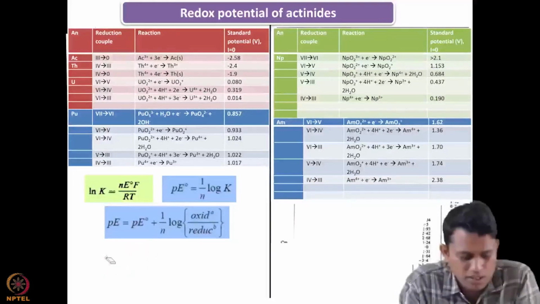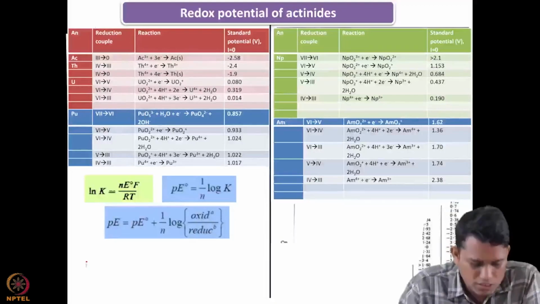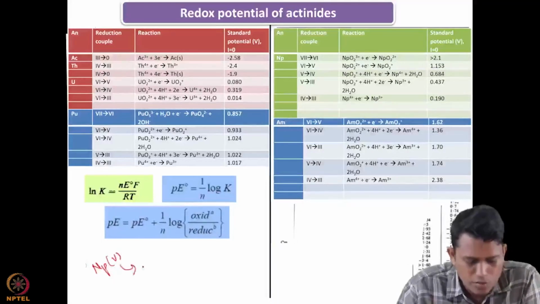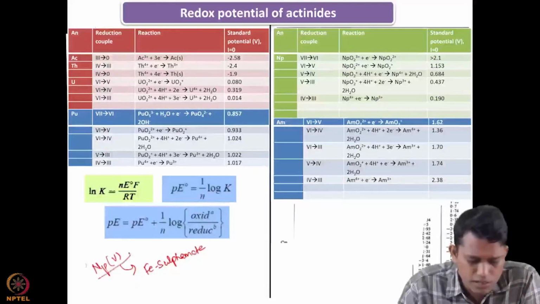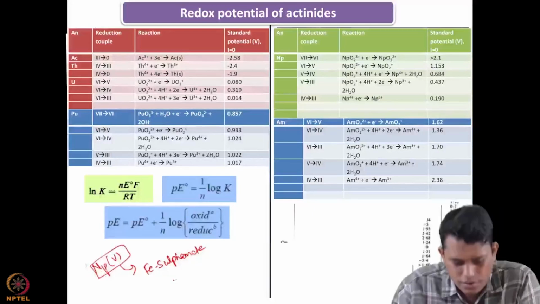They are very important. And one of the examples I just want to discuss is, again for neptunium, for neptunium 5, we use ferrous sulfamate. And if you see this couple, neptunium 5 to neptunium 4, in the presence of acid, you have to take care of that also.